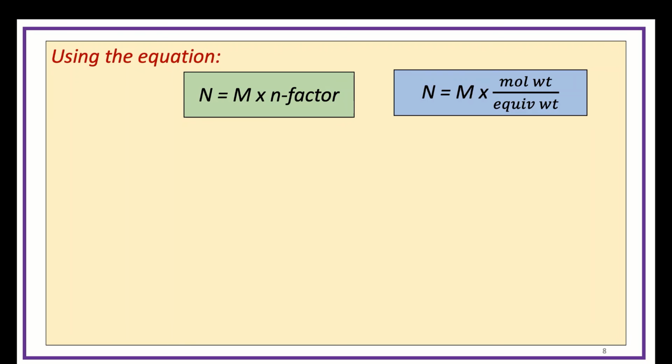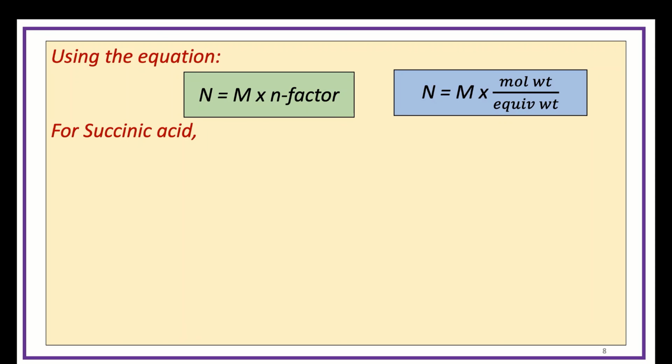For calculation, we can use the equation: normality is equal to molarity multiplied by the n factor. The n factor is obtained by dividing the molecular weight by the equivalent weight. So normality is equal to molarity into molecular weight divided by equivalent weight, when the basicity or acidity is not equal to 1.